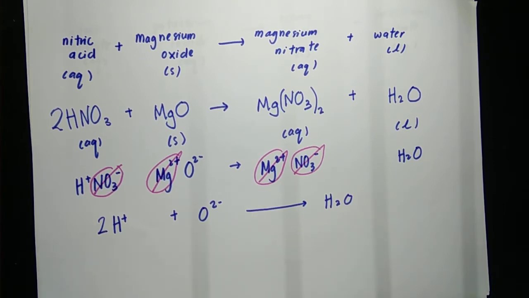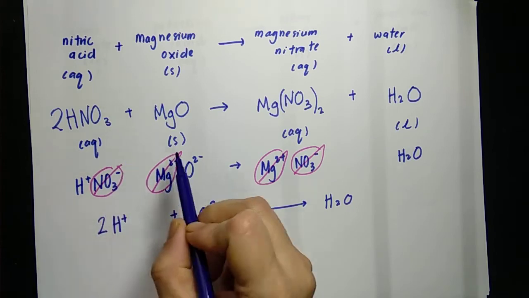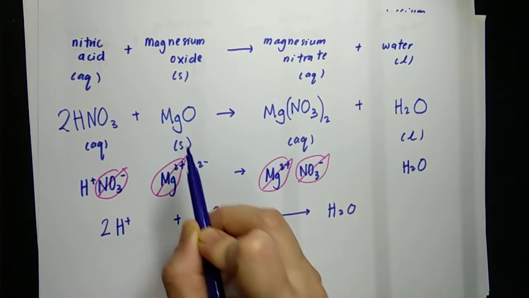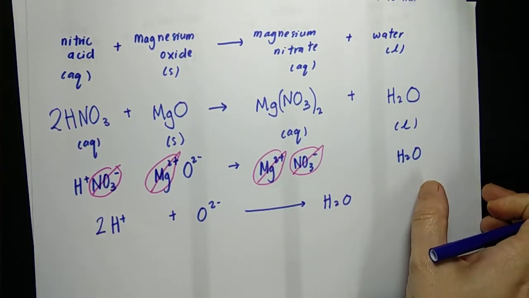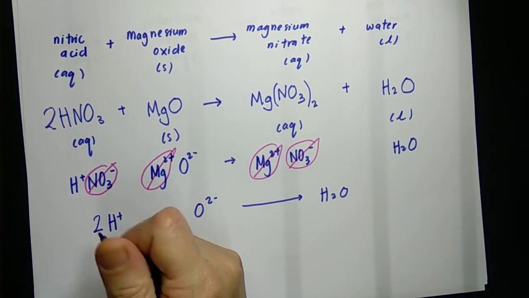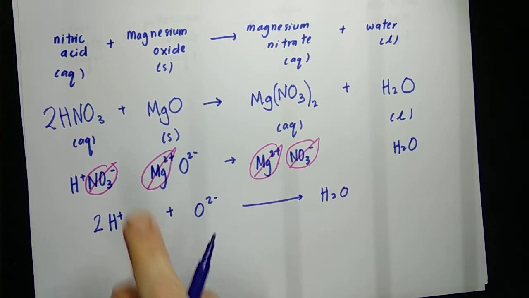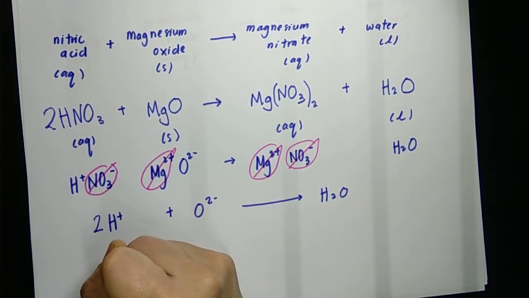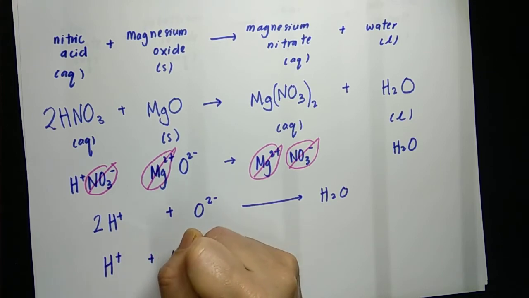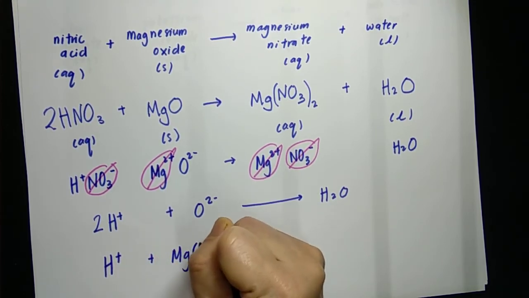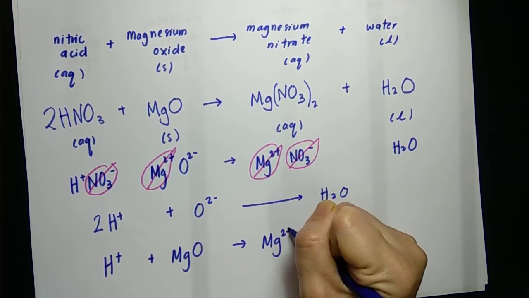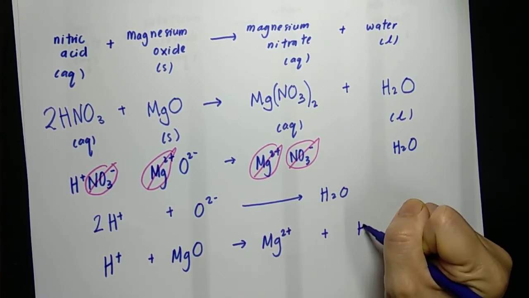Now, another type you might see is where they do not split the solid, meaning that you still write the magnesium oxide. So it will look like this. You only cancel out the nitrate. So it will be hydrogen ion plus magnesium oxide becoming magnesium ion and water.